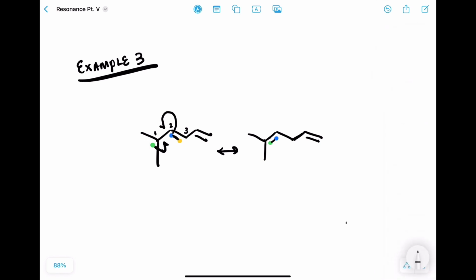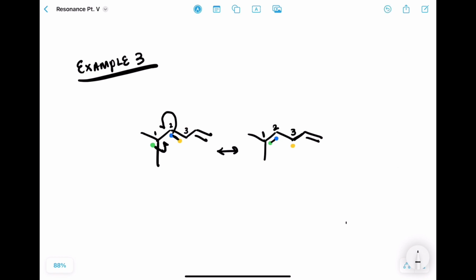And so we'll draw a bond between the two to show it's now a bond. Again, these green and blue are just designations for us to understand where the electrons are going. And now the yellow is essentially a lone solitary electron by itself on carbon number 3.